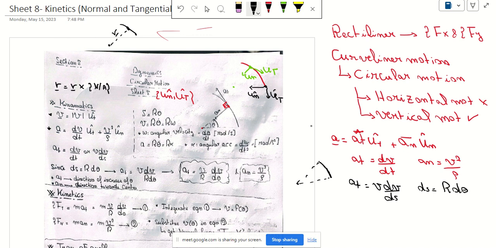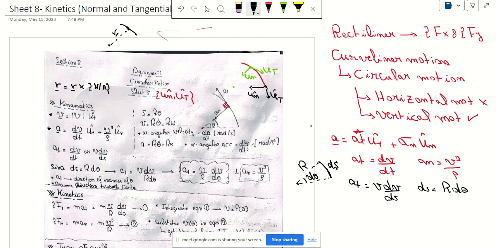Okay, so this is an incremental distance on the circular path, and this will be an incremental d theta, and again the length of any arc is equal to r theta, so the length of an increment of an arc will be equal to r d theta.